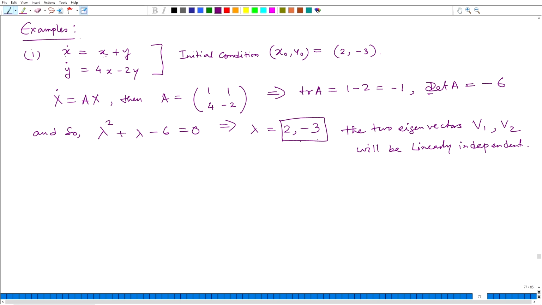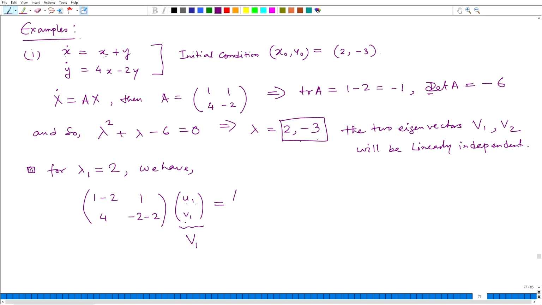Now let us find the eigenvectors for lambda 1 equal to 2 and lambda 2 equal to minus 3. We have A minus 2 I, that is [1-2 1; 4 -2-2], times u1 and v1, which is nothing but represented by the vector capital V1, and that is equal to 0.